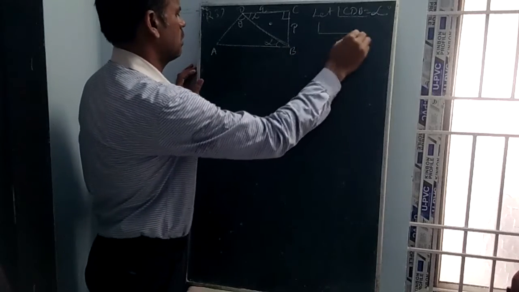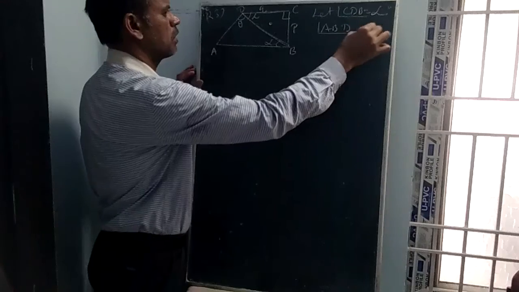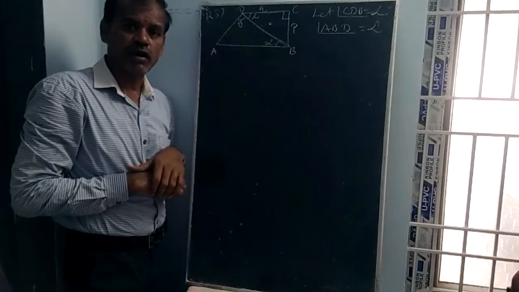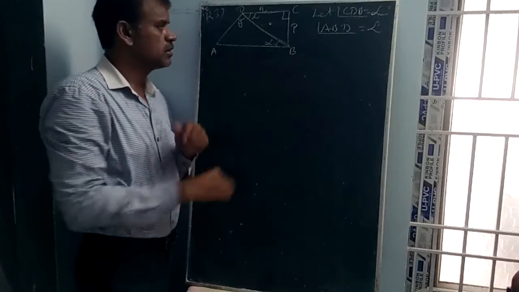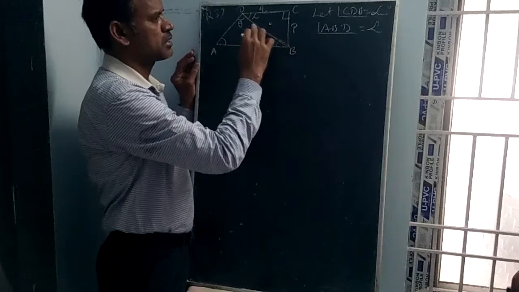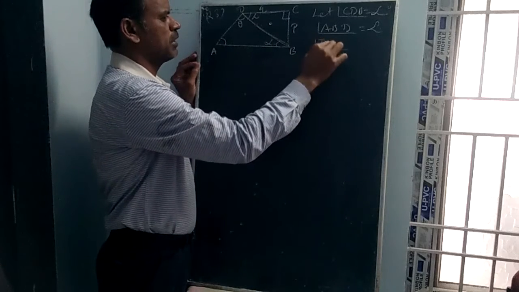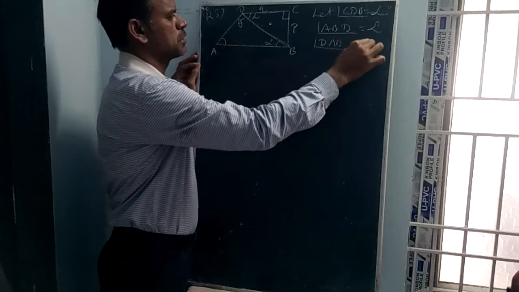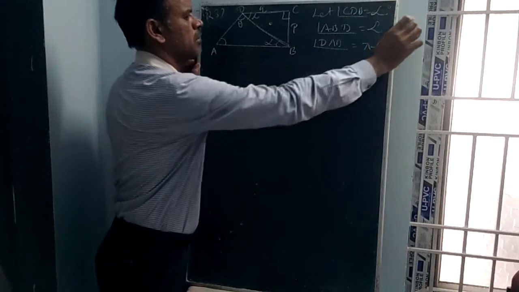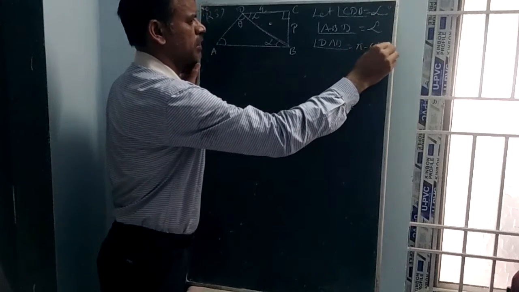So angle ABD is also equal to alpha. Using the property that the sum of all angles in any triangle is 180, angle DAB is equal to pi minus of (theta plus alpha).